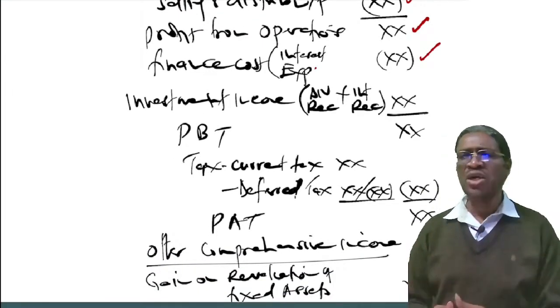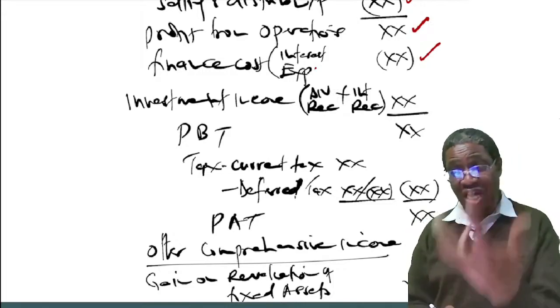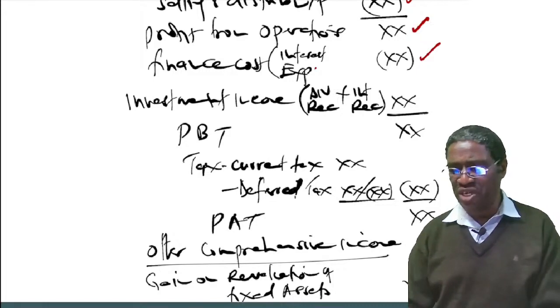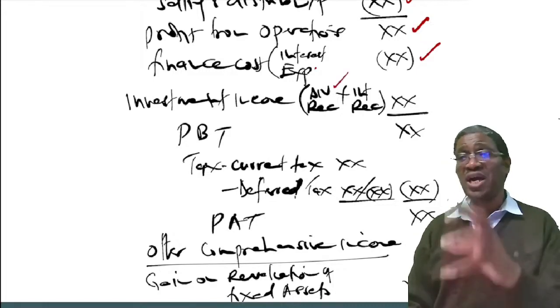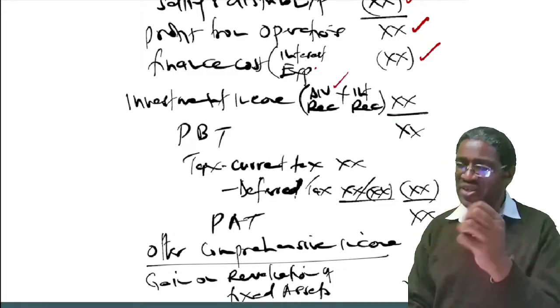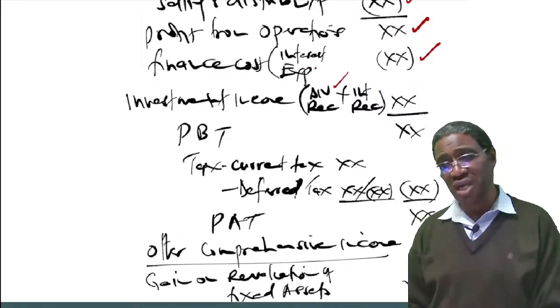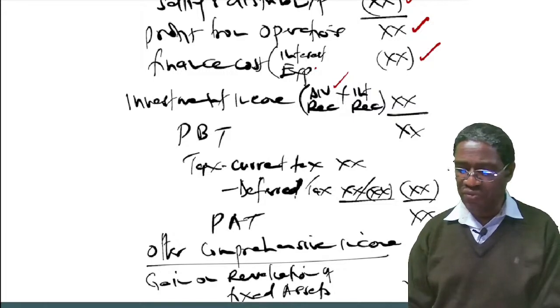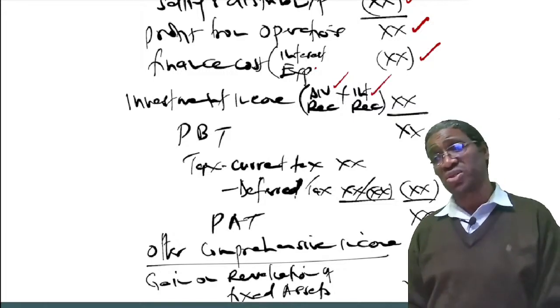As a company, you could have some investments which are earning you income. That income could be in form of dividends. Maybe you have shares and they're earning you dividends. So dividend received, we said, is an example of an investment income. The other form of income could be interest received.